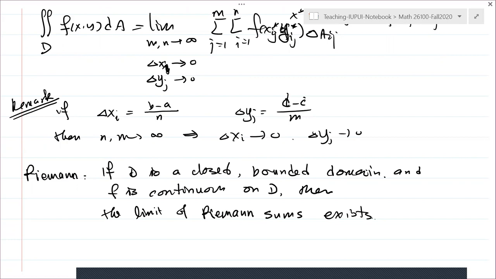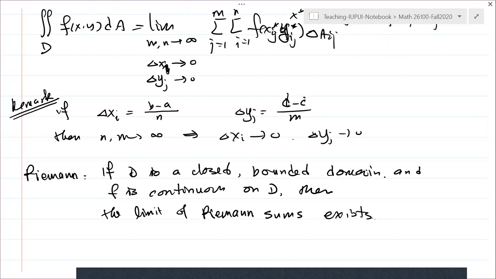This is very similar to the theorem for functions in one variable. Riemann did it for functions in any number of variables. So the limit exists, then you can talk about the double integral of the function.